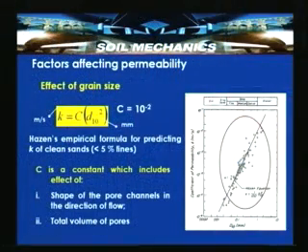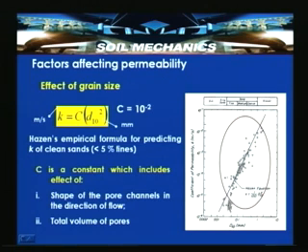Hazen proposed a correlation based on permeability values determined with sands or soils having different effective particle sizes. In this graph, D10 is plotted on a logarithmic scale, and the coefficient of permeability k in meter per second is plotted on the y axis. Different soils like silt and silty sand, sand with fine, medium and coarse, and gravel are selected.